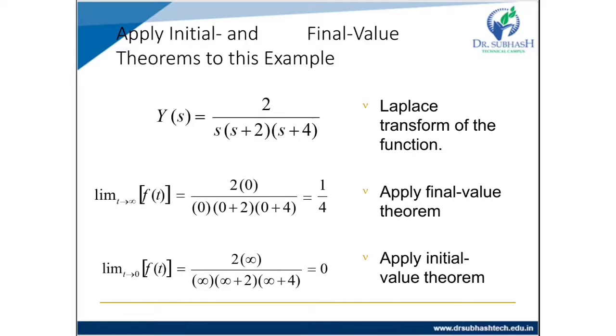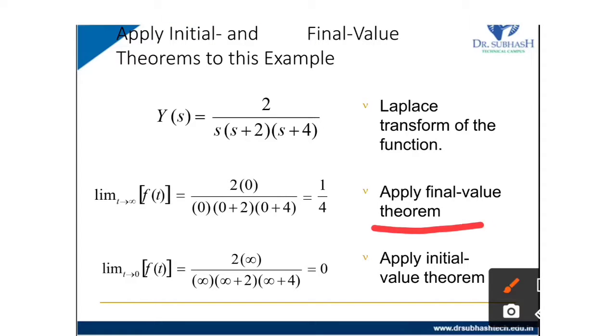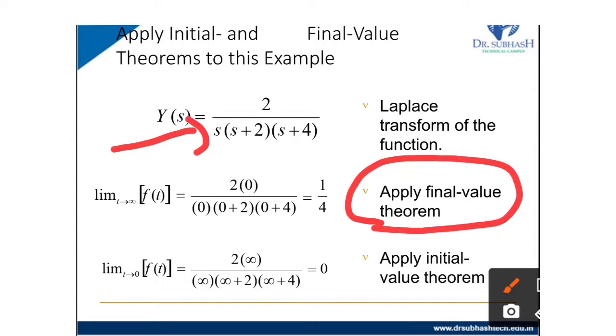So here first we are applying the final value theorem. In the final value theorem we will put s equal to 0. So directly in this equation, wherever there is s, we will put s equal to 0.